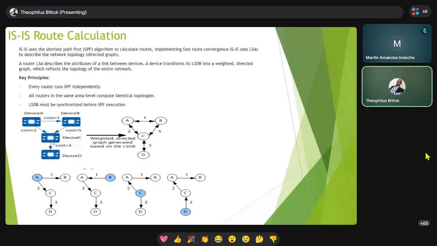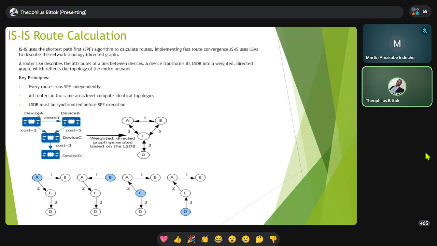So now it's going to come up with a tree and say the best route to reach D is via C. And when we come to the diagram below, you see it has said to reach D, I'm going to use C. And to reach B, I am just going to use my direct link to B, because even to reach B, it has 2 options. It can either go to C, which is 2, and then go to B, which is 5, so 2 plus 5 is 7. And then it compares the other cost.